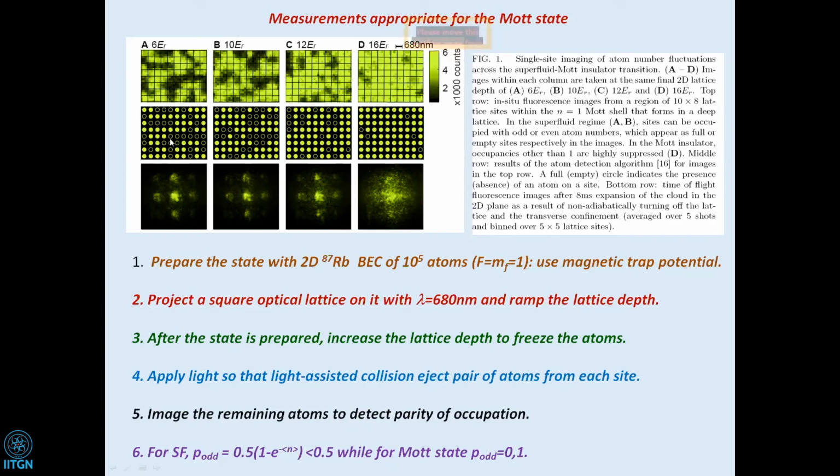Typically the number occupation in the superfluid state follows Poissonian statistics, and using that you can find that the superfluid would have 0.5 times (1 minus exponential of minus average n). That's the probability of odd occupation. These are all verified experimentally, and the details are in the paper.